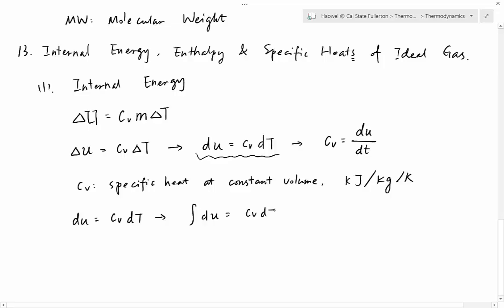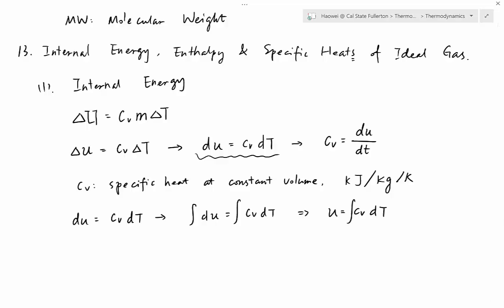The integral of CV dt. The left-hand side is pretty straightforward: it just becomes U, and then we keep the right-hand side.